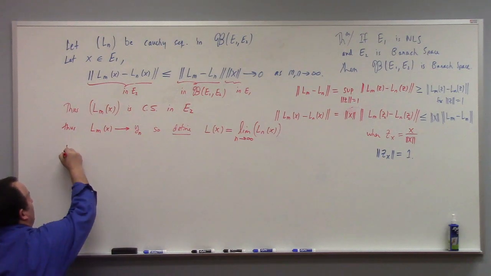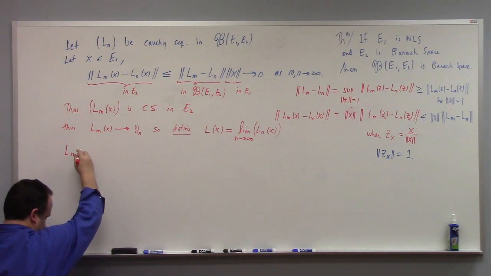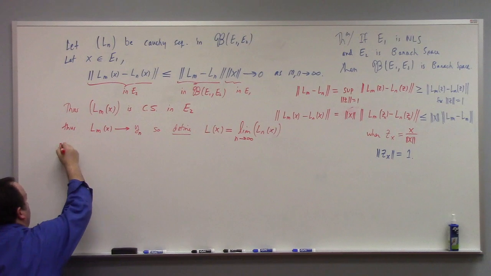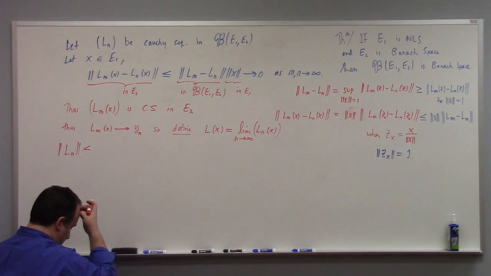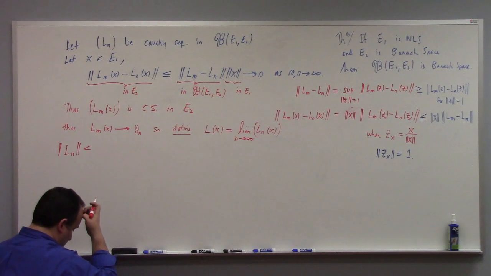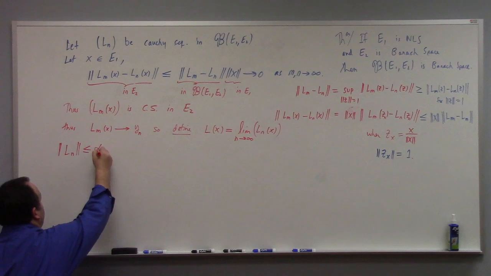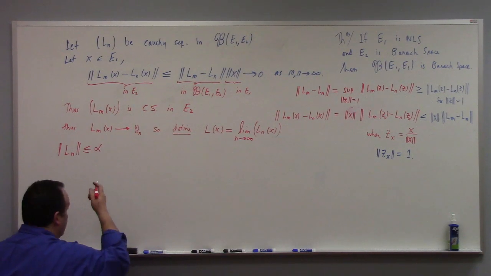So he's like, okay, the norm of Ln is less than or equal to alpha for all n. Why is that?